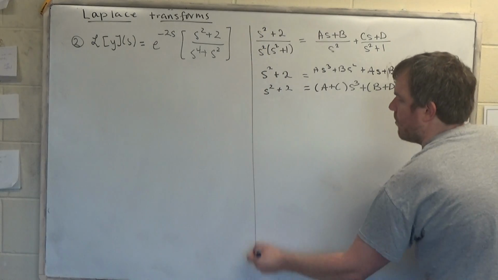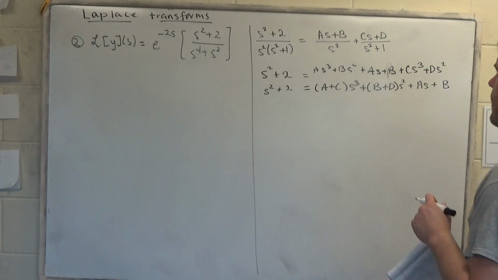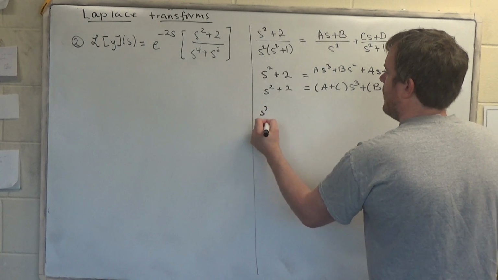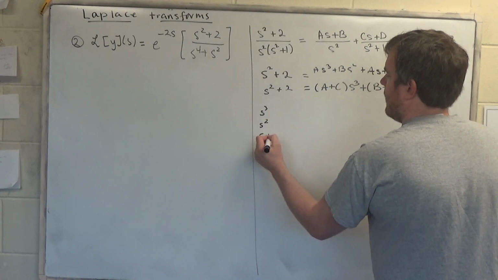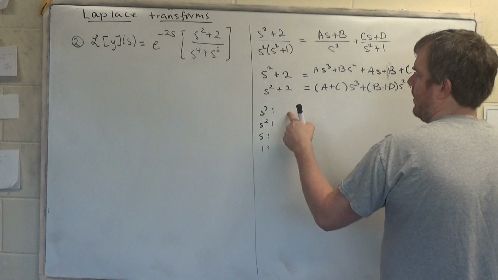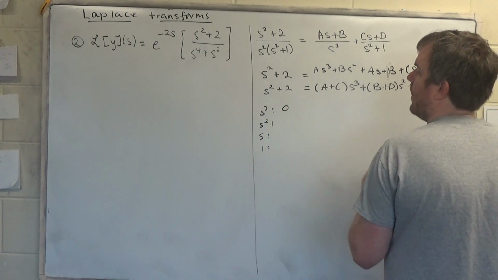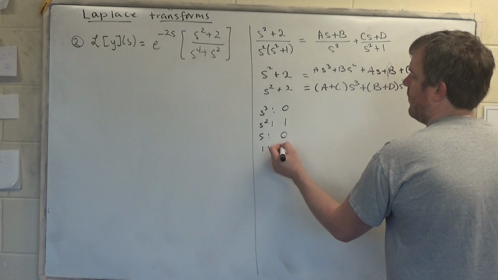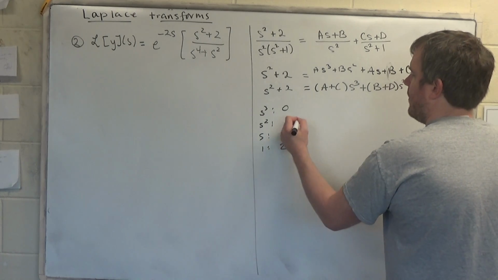So maybe I can split my work sort of in half. By equating the coefficients of s³, s², s, and the constant, we get, on the left-hand side, there are no s³ terms, there's 1 s², there are 0 s's, and the constant is 2.